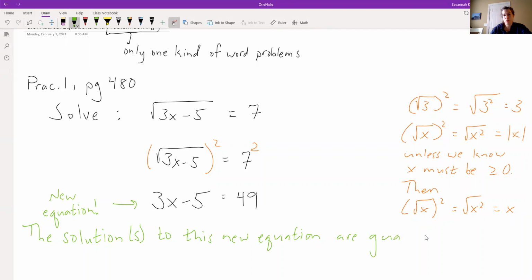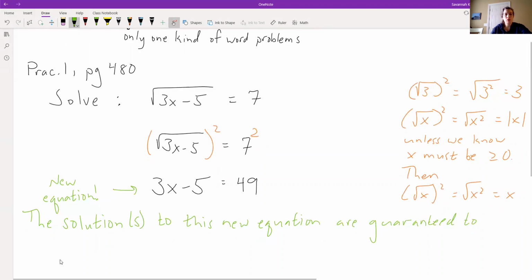So we like things in algebra that are guaranteed because that's not always the case. To contain the solution or solutions that we're actually looking for.